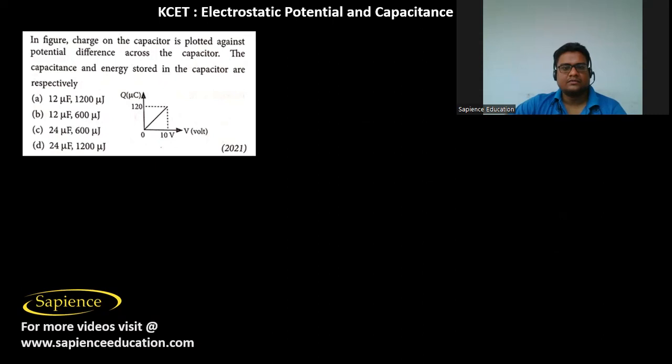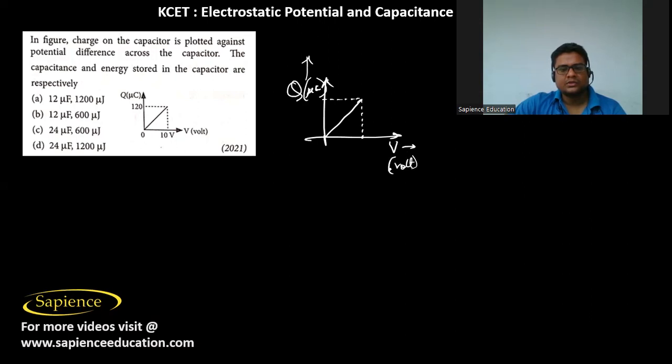Then, in the figure, the charge on the capacitor is plotted against the potential difference, up to 120.